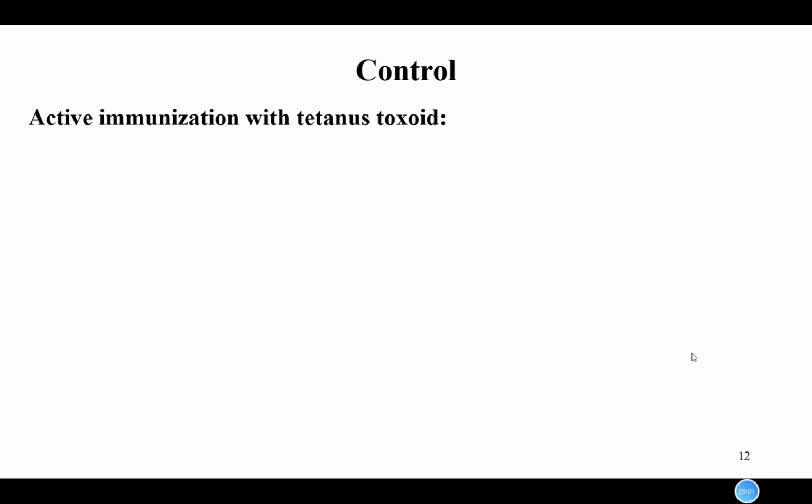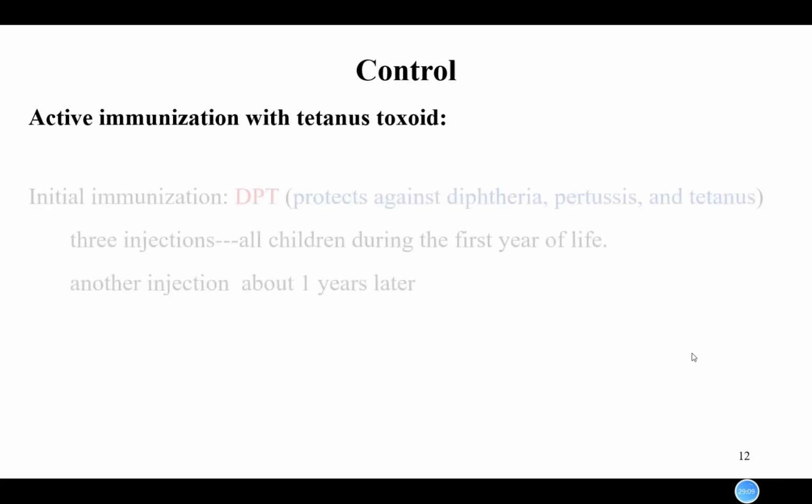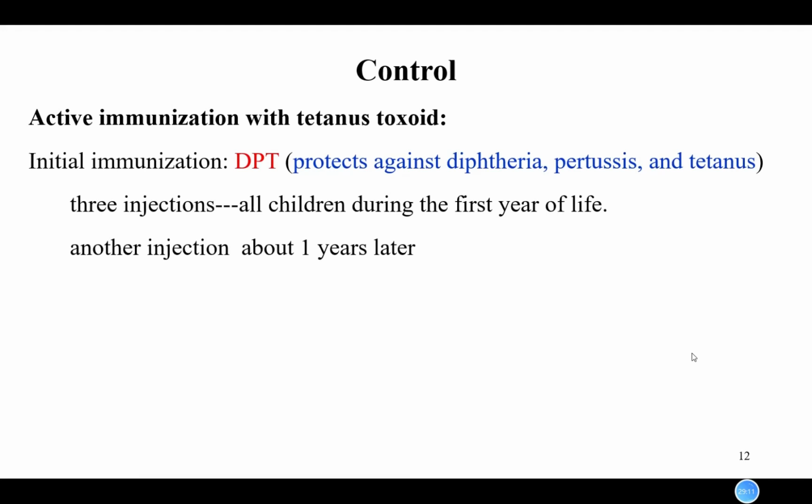Immunization. For active immunization against tetanus, we use the tetanus toxoid. So that's DPT, which we mentioned a lot. For the initial immunization of DPT, little kids receive 3 injections before 1 year old.